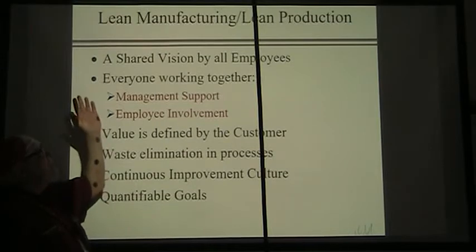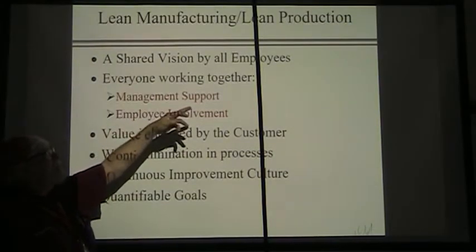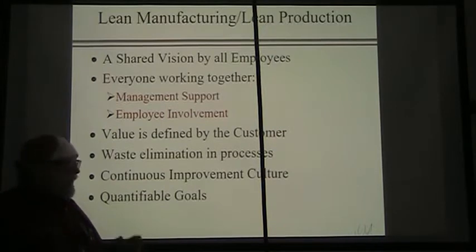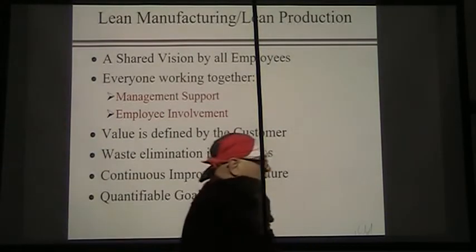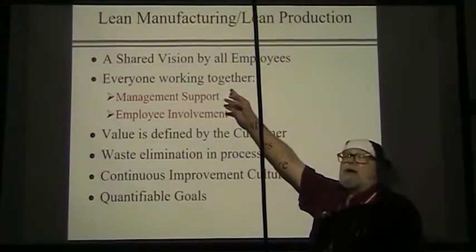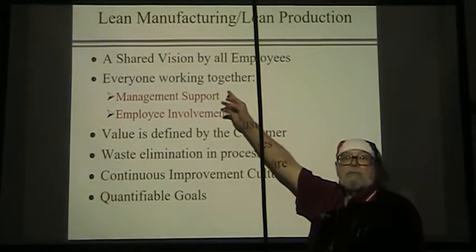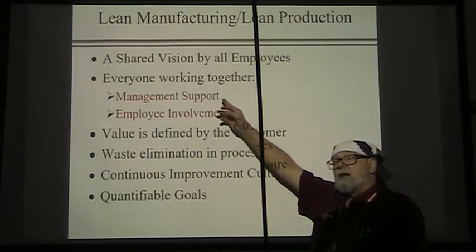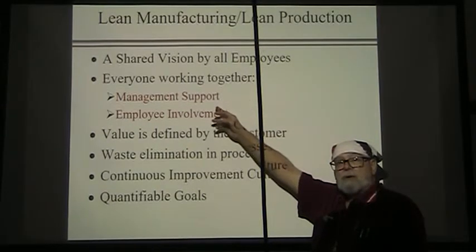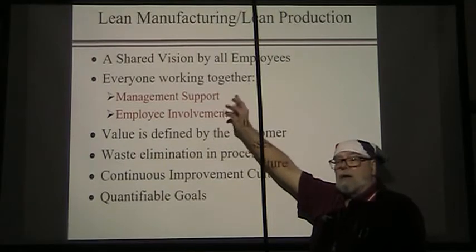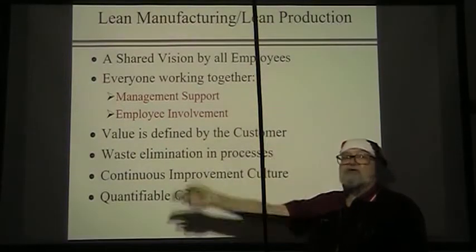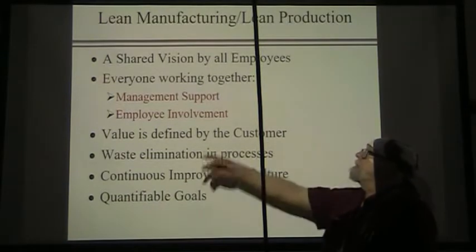So when we have lean manufacturing or lean production, we have some things that we have to make that work. One of them is a shared vision by all the employees. Everybody from the CEO to the guy that sweeps up has to be on the same page about what our vision is for the company.